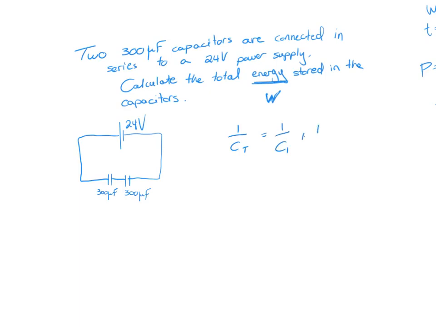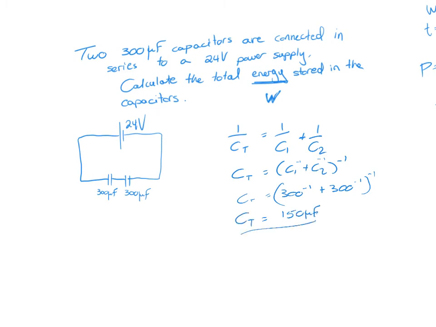You should be able to prove it; it's in my previous video if you haven't done so already. Or you can simply put this in your calculator. Now CT is 300, and you'll end up with 150 microfarads of total capacitance. So that's my total capacitance.